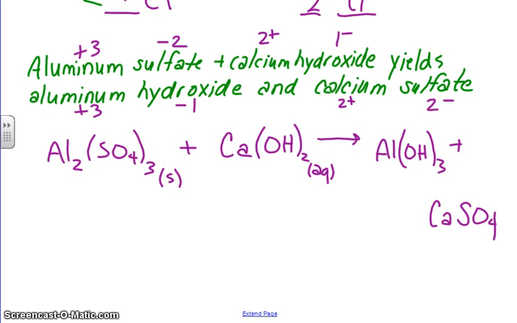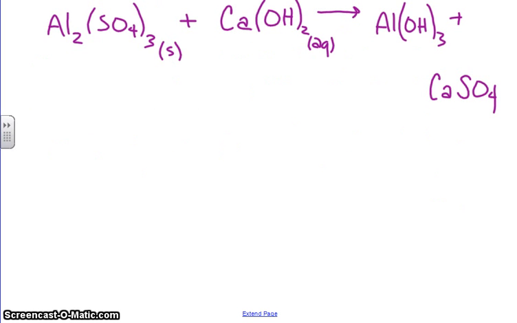Now we need to know, are they balanced? And it would have been helpful if I had written this smaller so you could see everything at once. How many aluminum are on this side? 2. Okay. How many sulfur? 3, because this 3 goes to here. How many oxygen? 12.